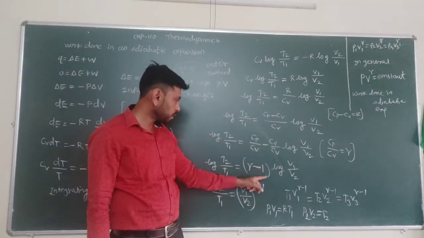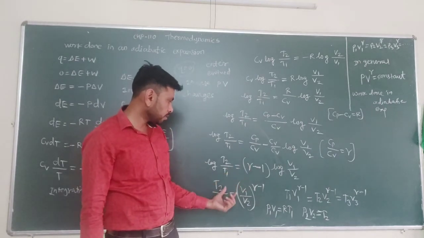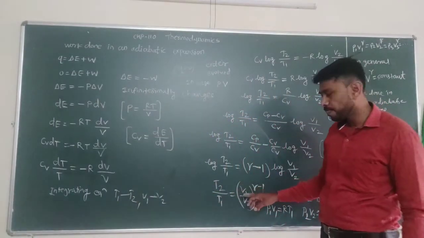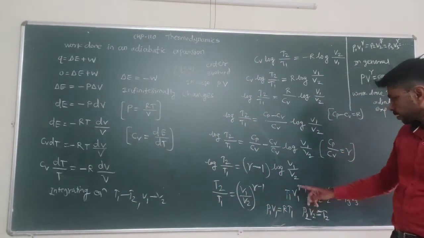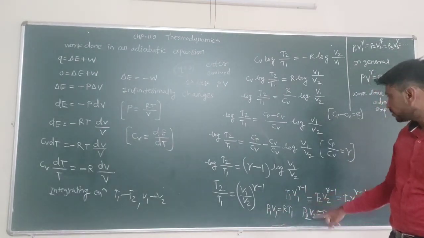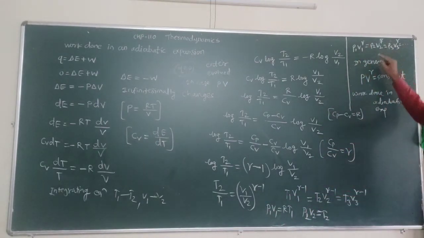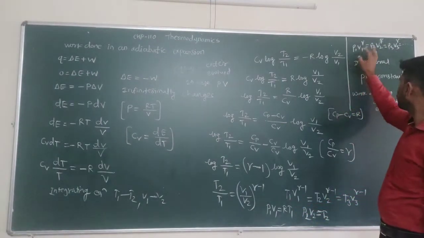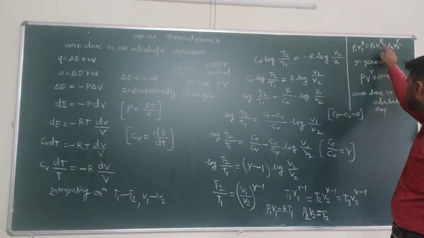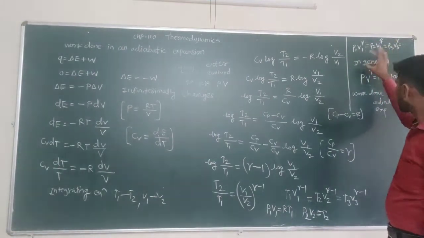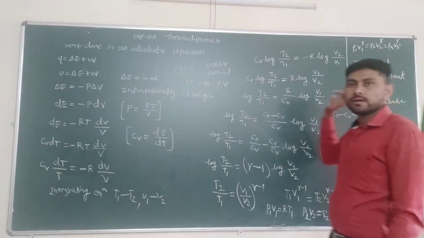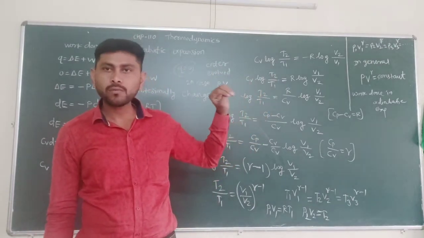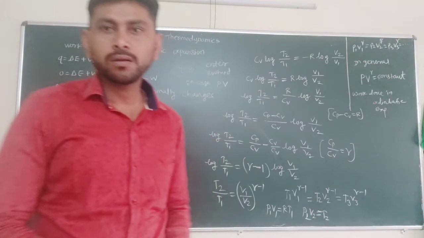From the ideal gas equations we can write this equation in the form P1 V1 raised to gamma equal to P2 V2 raised to gamma equal to P3 V3 raised to gamma. So in general PV raised to gamma equal to constant, and this is the equation for work done in adiabatic expansion.